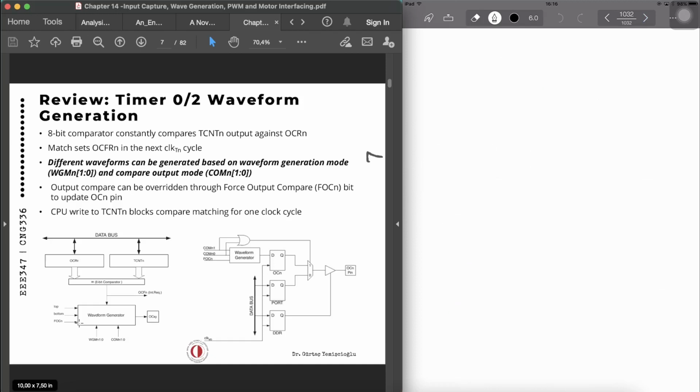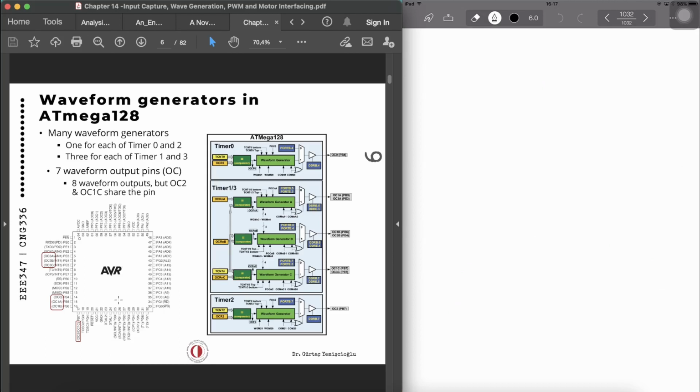Okay, then one thing that we need to be careful about: we have to set the OCn pin to be an output pin. And OC0, for example, is an alternative function of PB4 in the ATmega128, as you can see. So it's PB4 normally, and you can set it as OC0 and as an output pin, or PB4 as a normal I/O port.